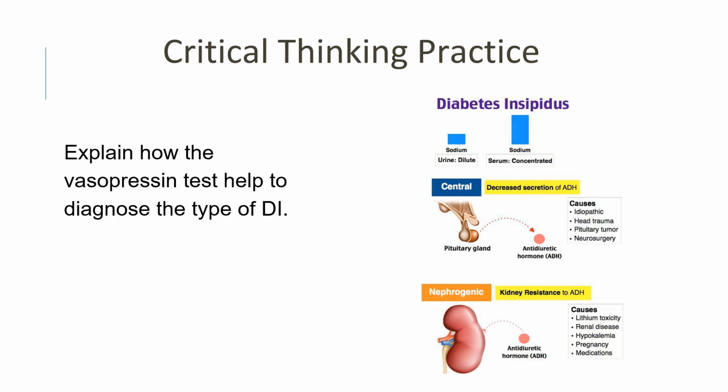If we give the vasopressin and there is no result, in other words, they still keep having vast urine output that's very dilute, with low specific gravity, then we know the diagnosis is more going to be leaning towards nephrogenic diabetes insipidus.